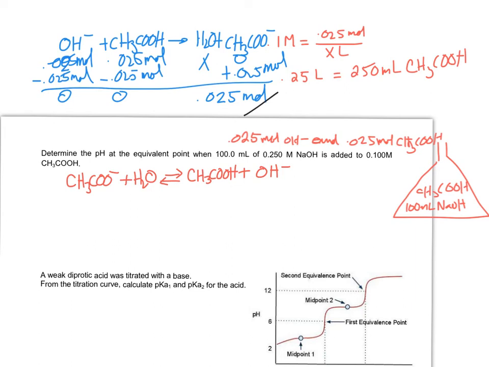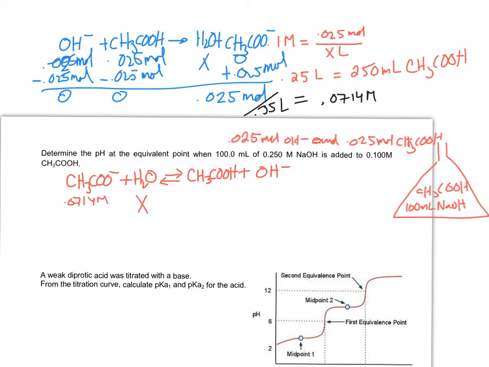So 0.025 moles divided by, I have 100 milliliters of NaOH, and we figured out 250 milliliters of acetic acid, so 0.35 liters is my total. That gives me 0.0714 molar. So this is 0.0714 molar.